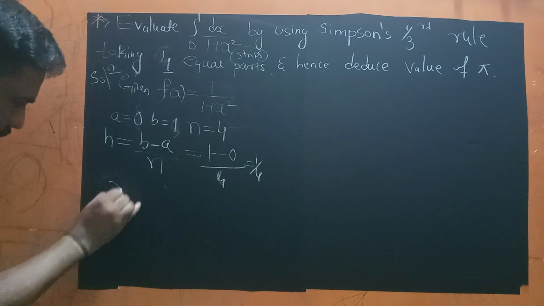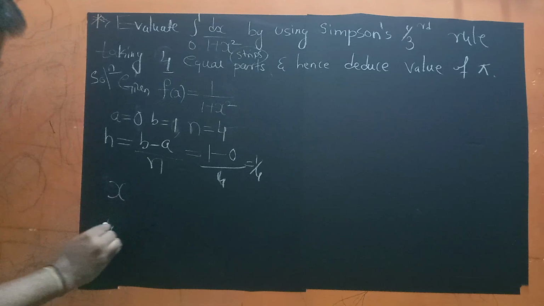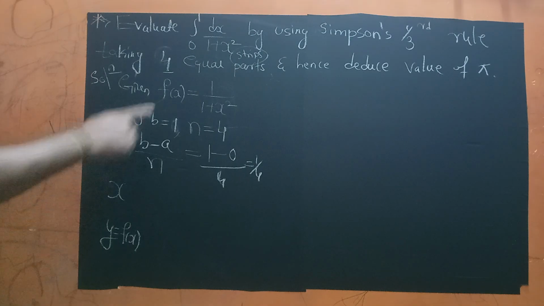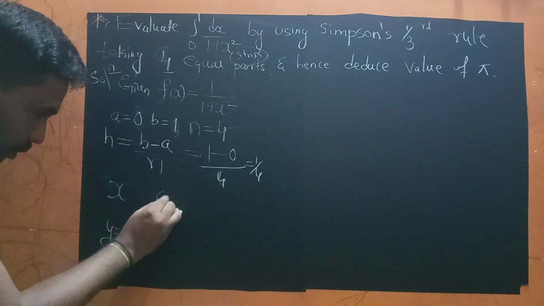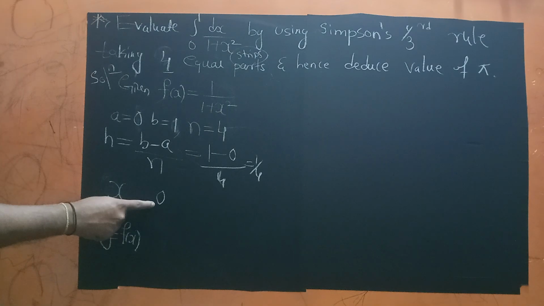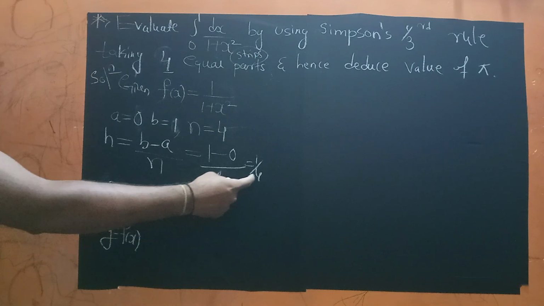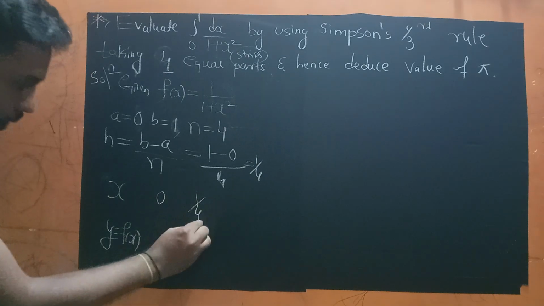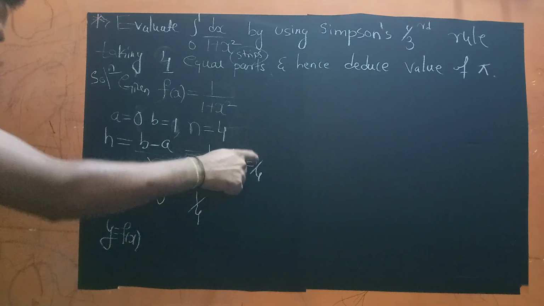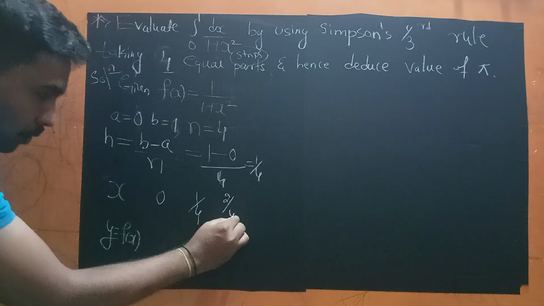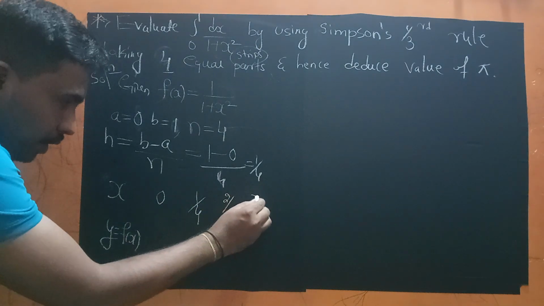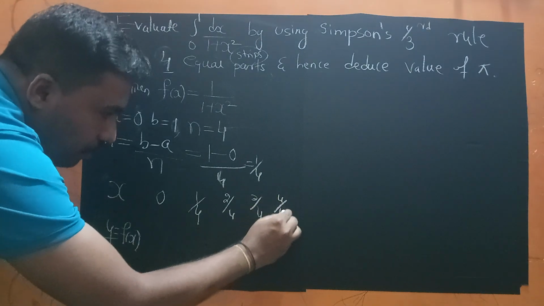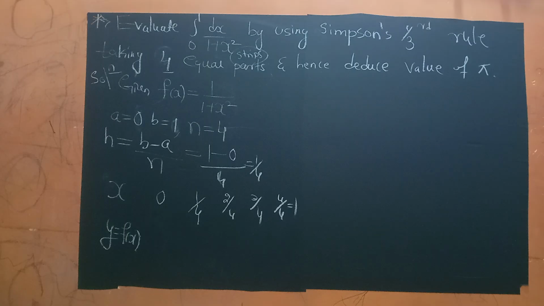Now we have to divide x into 4 equal parts, and the corresponding y also. Y is nothing but f of x, the given function. The first value of x we start from is 0. The next value, we add the length of the interval: 0 plus 1 by 4 is 1 by 4, then 2 by 4, then 3 by 4, then 4 by 4, which is 1.